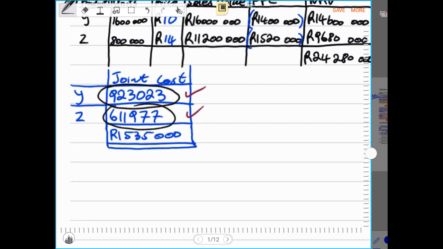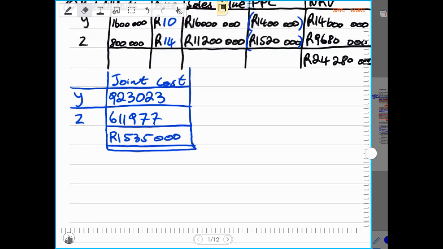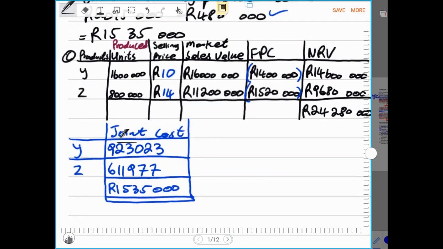So if we need to know how much is the joint cost per unit, we need to divide our total joint cost by the number of units that were manufactured. Because this is the joint cost of 923,023 in order to manufacture a total of 1.6 million units, and this is the joint cost to produce 800,000 units.